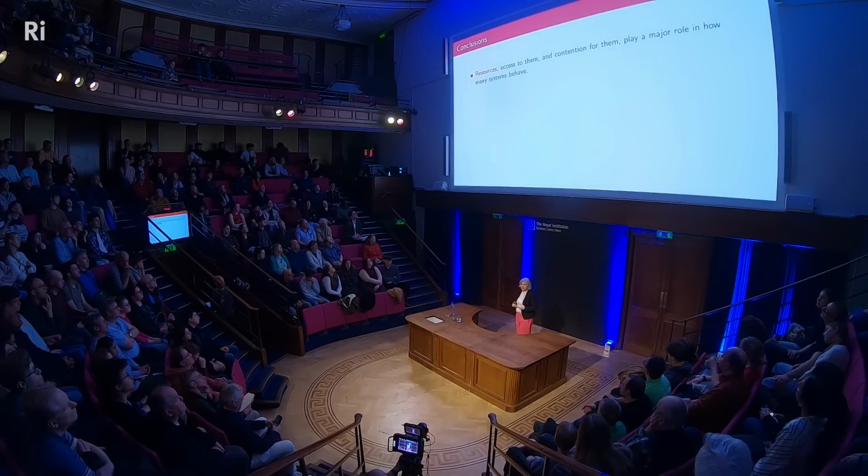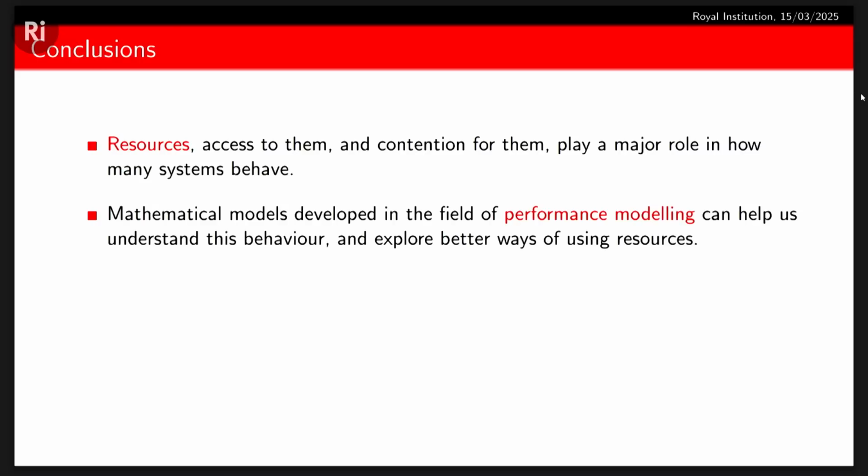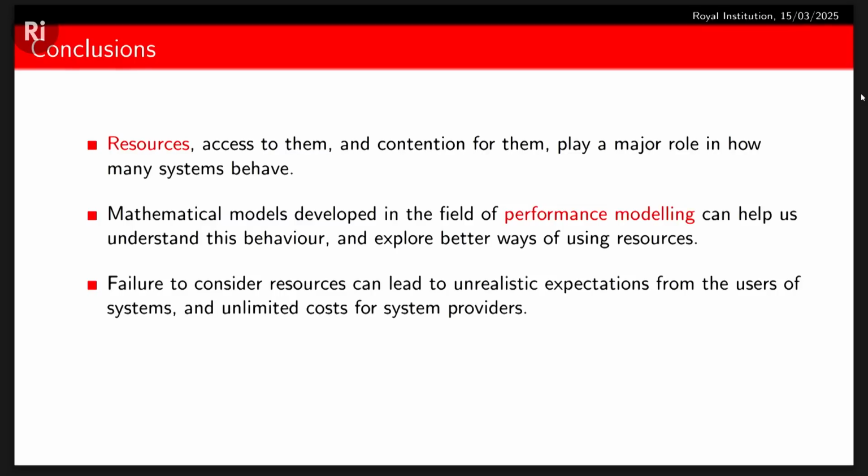So to conclude, resources, access to them, and contention for them actually play a major role in many of the systems that we interact with. Not one that we're always aware of, but nevertheless there. And mathematical models, such as the ones I've talked about, can really help us understand those resources.